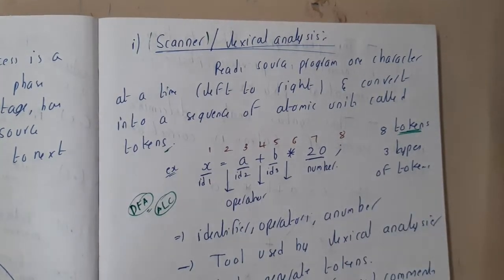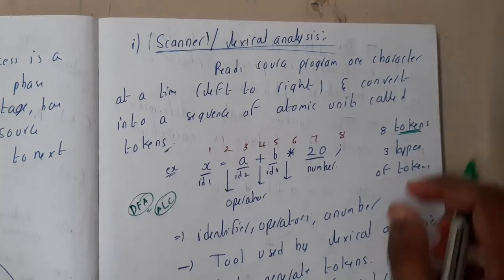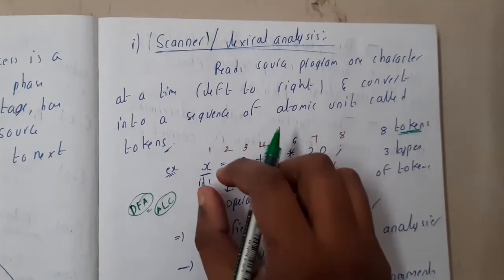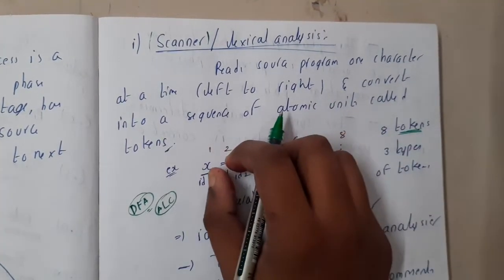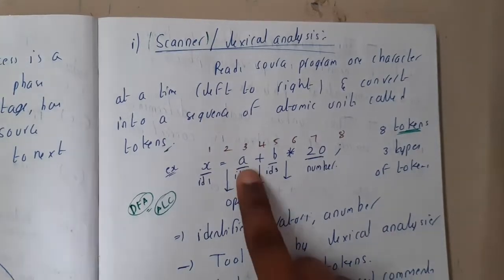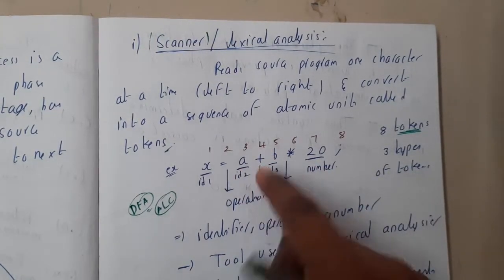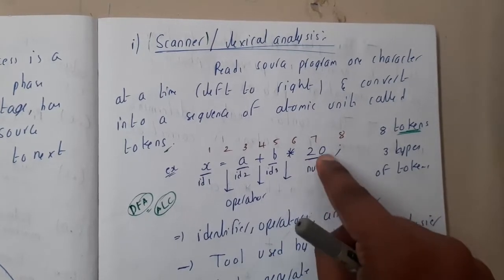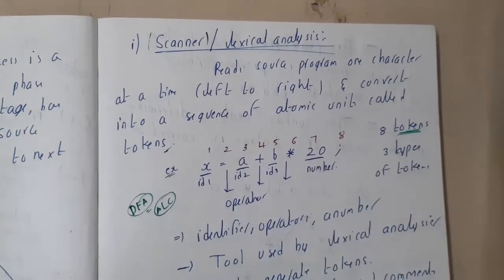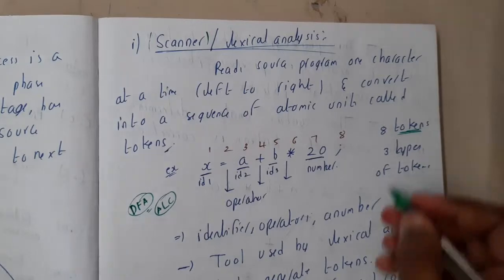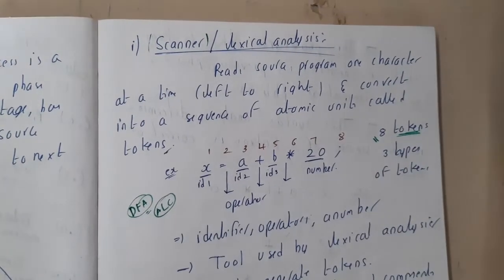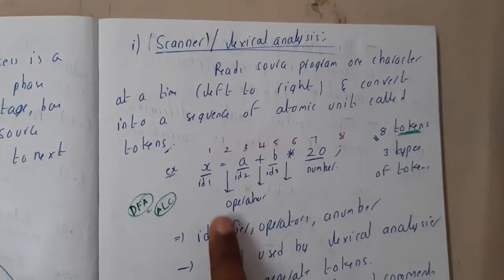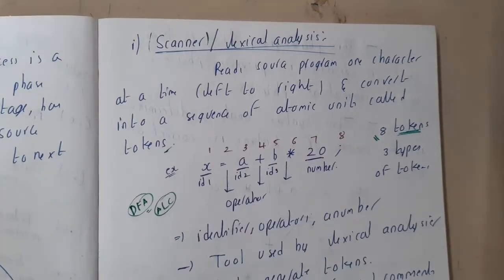So what can we say is a token, guys? Anything which has some meaning, right? x is a variable, equal to is an operator, a is a variable, plus is an operator, b is a variable, into is an operator, 20 is a number, semicolon is a termination. Each and every one of them is a token. Now, how many types can we divide these tokens into?